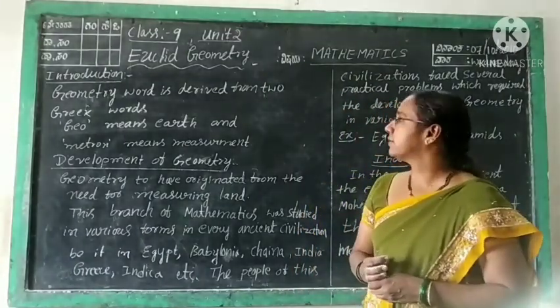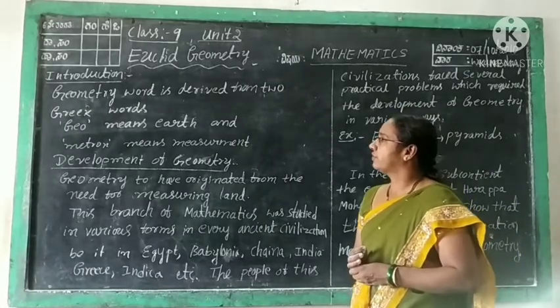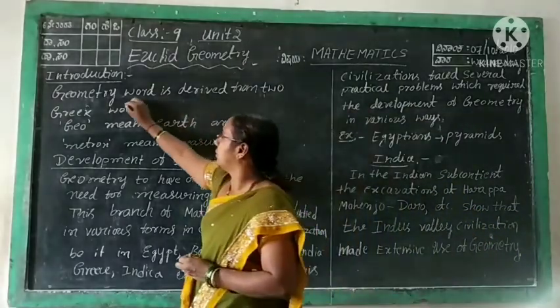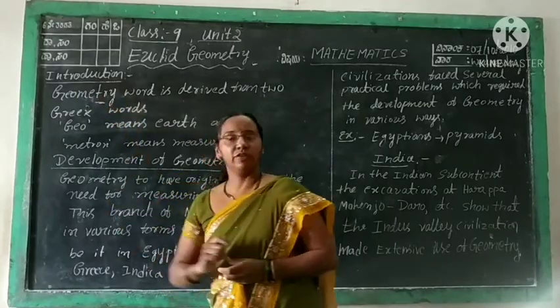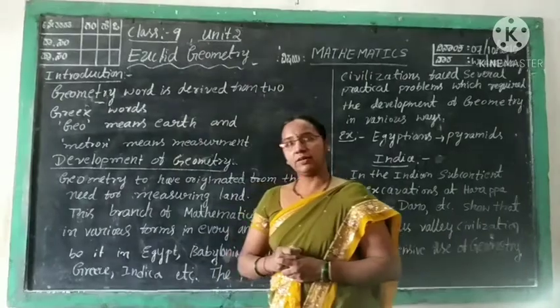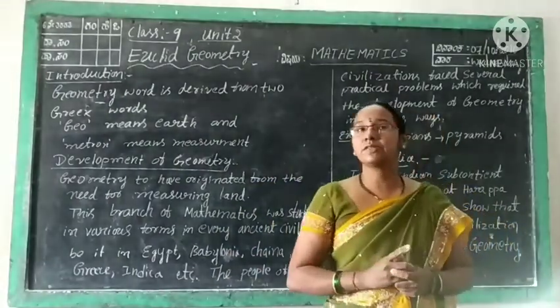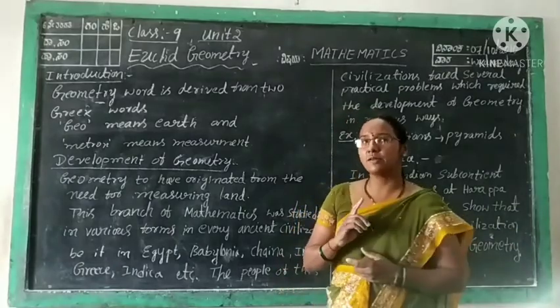In this class, in Euclid geometry, first we will know the meaning of geometry. What is the meaning of geometry? The word geometry is derived from two Greek words. First is geo and second one is metron.